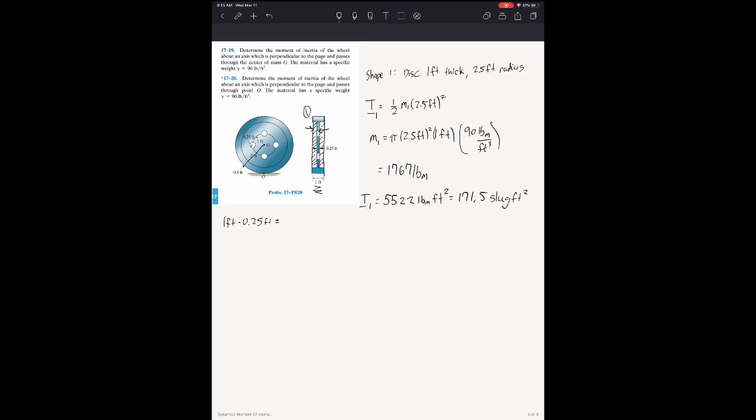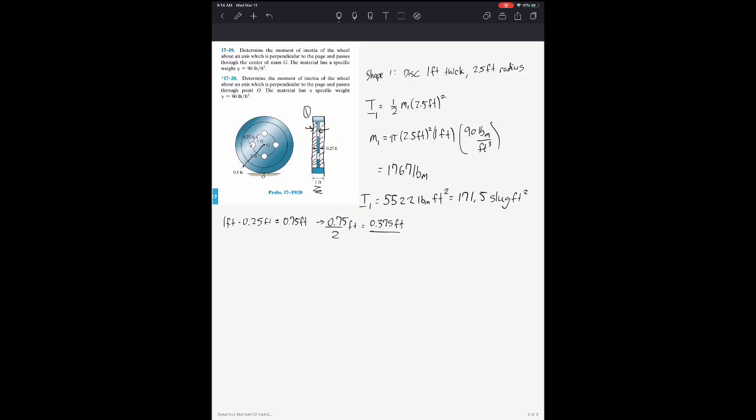That's equal to 0.75 feet. And then each of them has half that much, which is 0.375 feet, or 3/8 of a foot. Great. So this is the overall thickness of each of these plates.